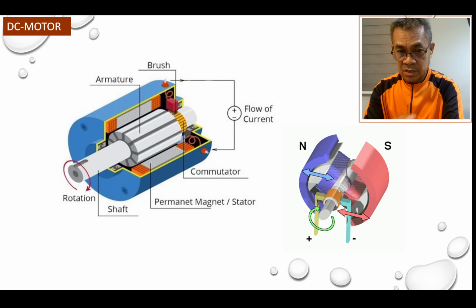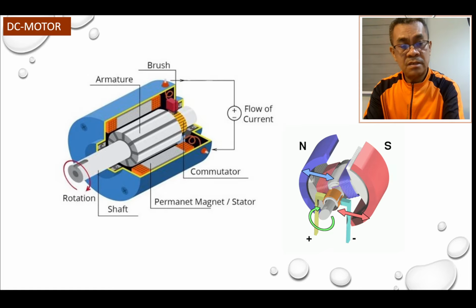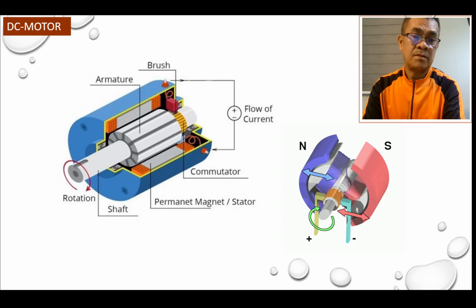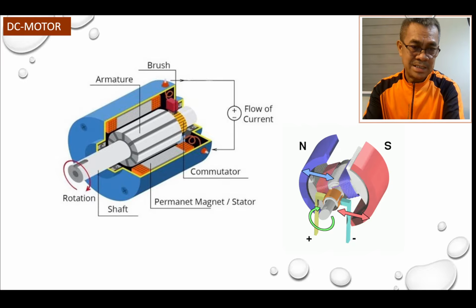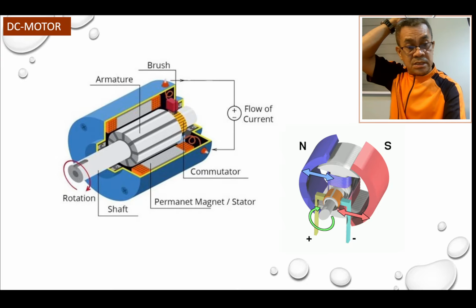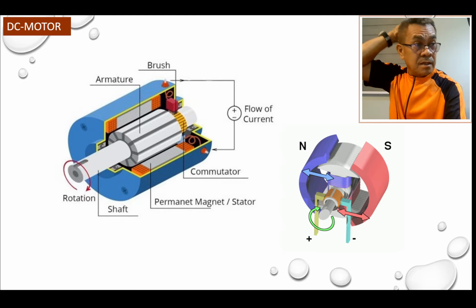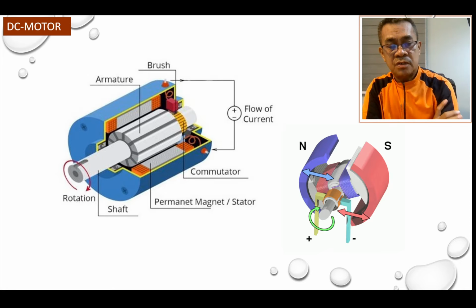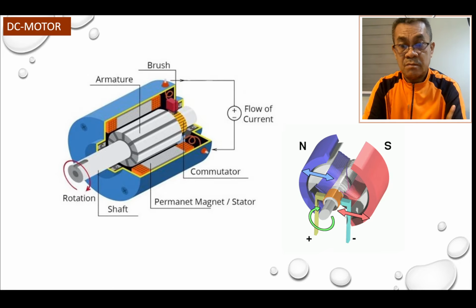It rotates continuously without reversing because of the commutator and brush. In the next slide, let us discuss how the commutator and brush provide the changing of current that gives a continuous rotation of the armature.